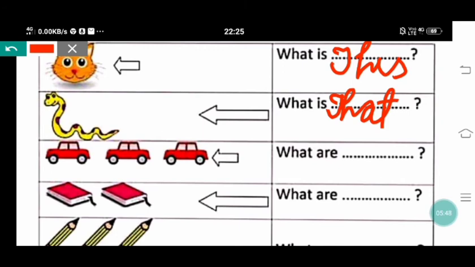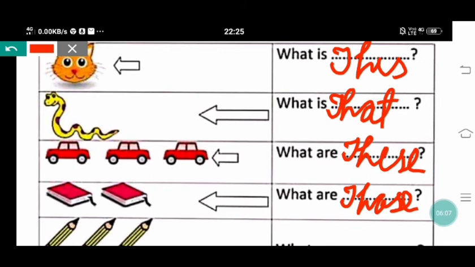Now, here car is in plural form. So what are these? Okay, these are cars. Okay. Now, what are those. Okay.